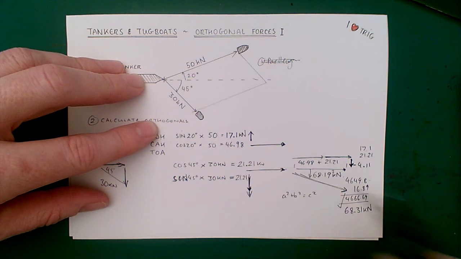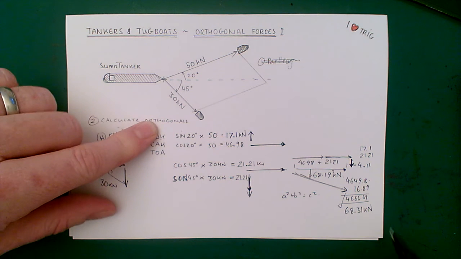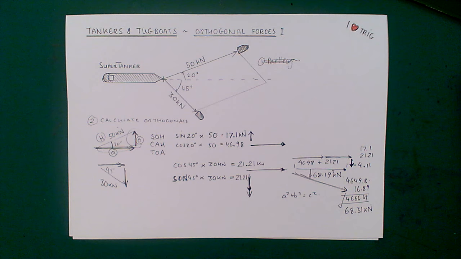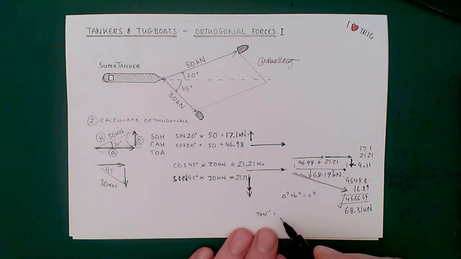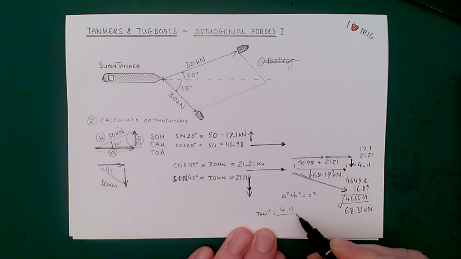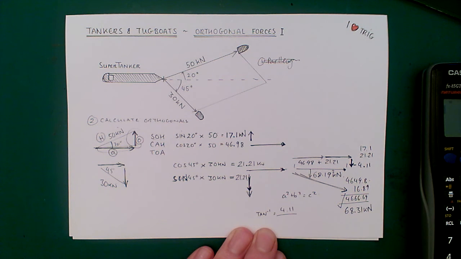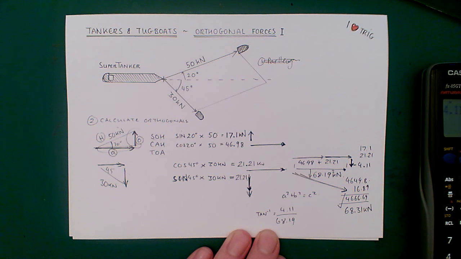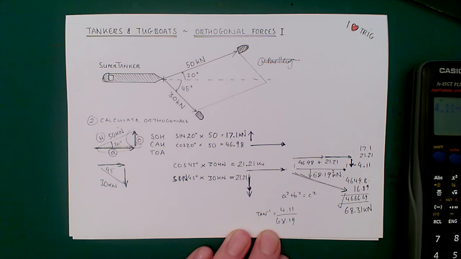And we want to know the direction, or the angle, in which the tanker is going to move, so we can do the tangent. So tan to the minus 1, opposite, 4.11 divided by 68.19. Clicking calculator in the background there.